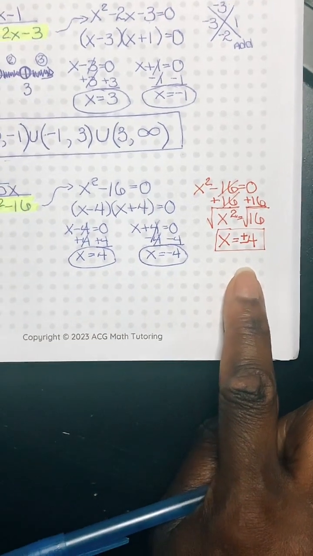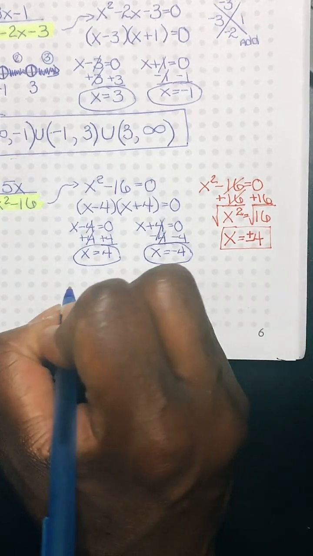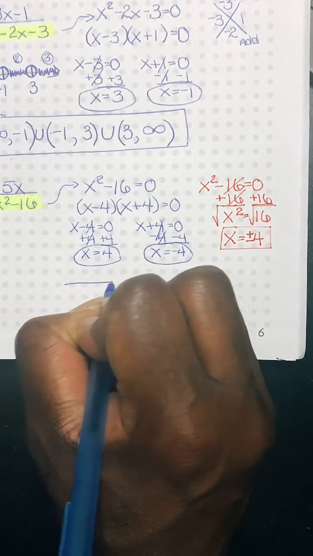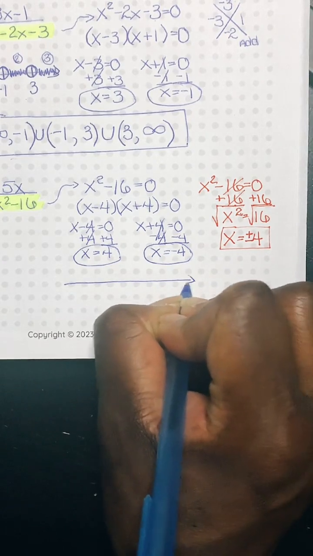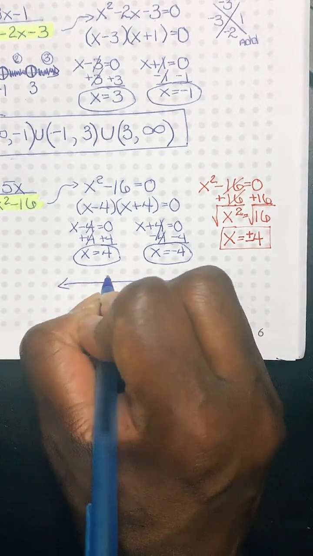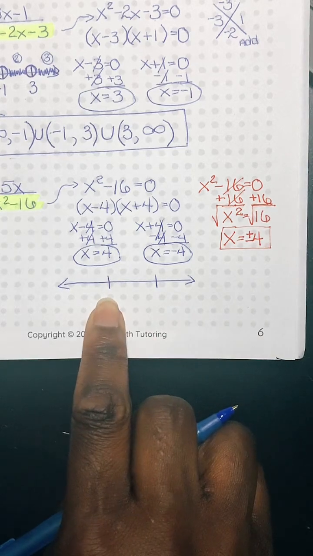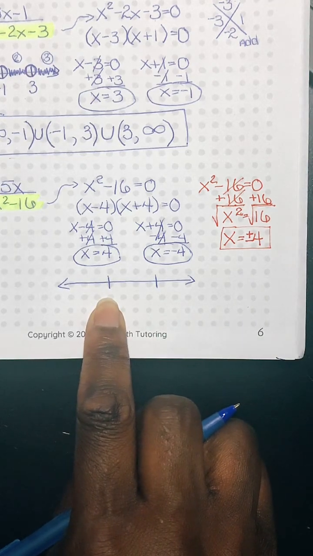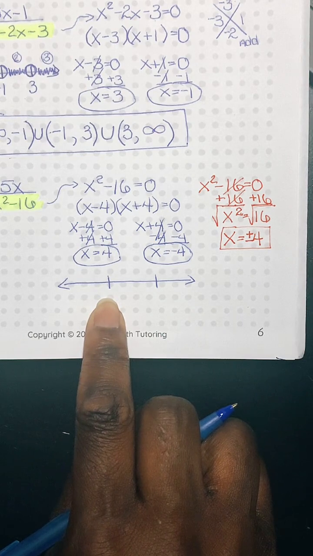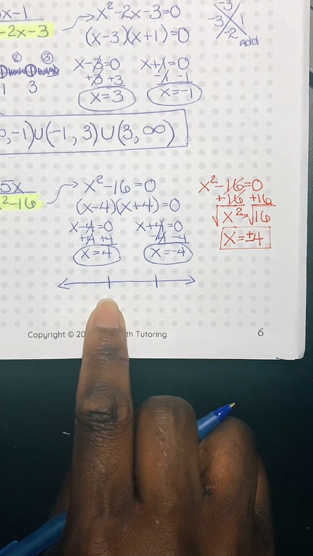So now we're coming to the piece de resistance. Let's graph it. What comes first? What should come first? Okay.